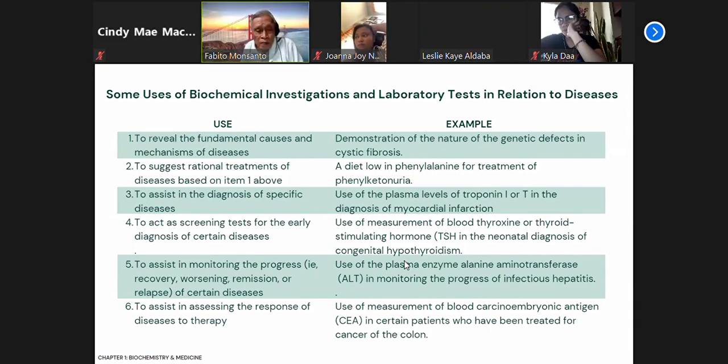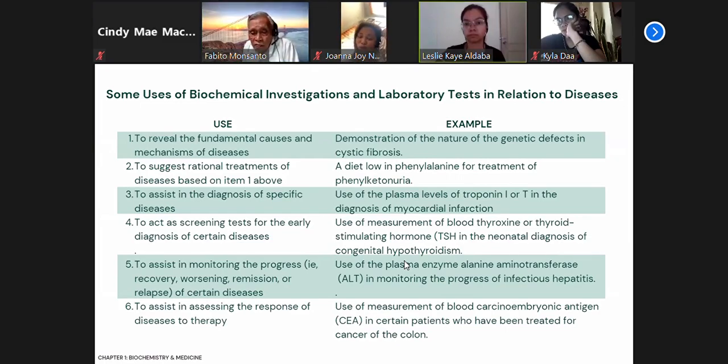Number 3, to assist in the diagnosis of specific diseases. The use of plasma levels of troponin I or T in the diagnosis of myocardial infarction. Now, you will meet this troponin in the skeletal muscle as well as cardiac muscles.